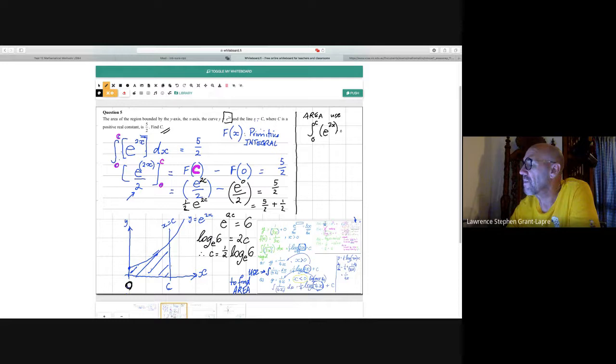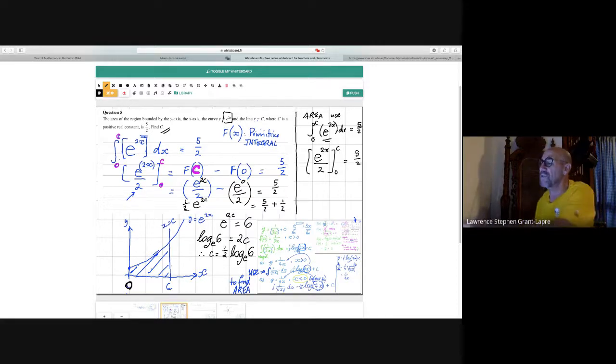And we're told that that will equal 5 over 2. So you get the integral e to the power of 2x divided by 2, and then you go from 0 to c is equal to 5 over 2. So we substitute c in, and then we substitute 0 in, and we put a minus between them, and then we continue the algebra.